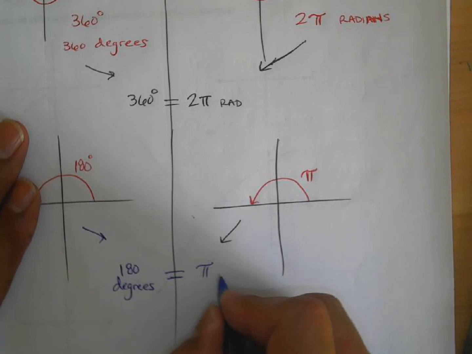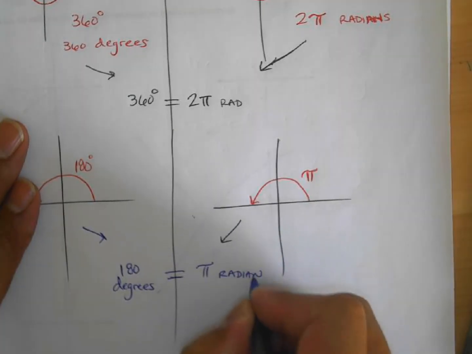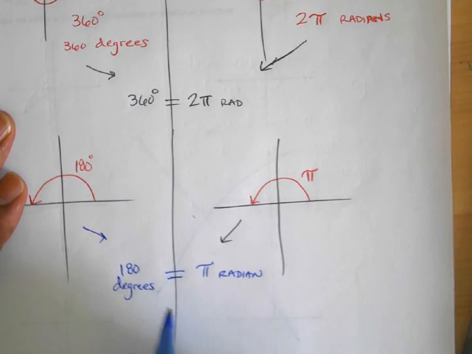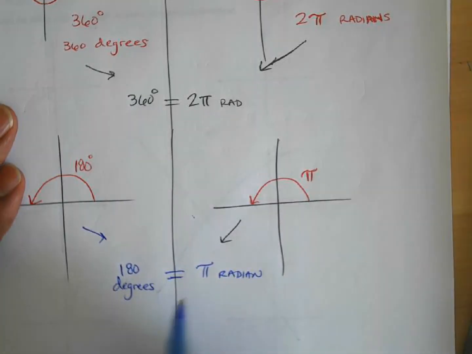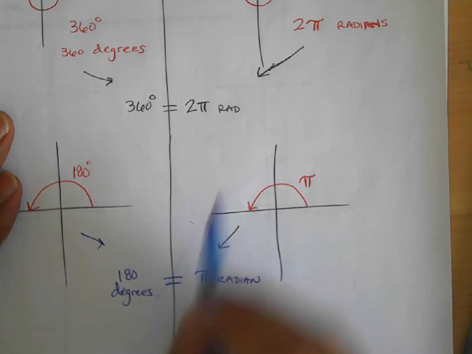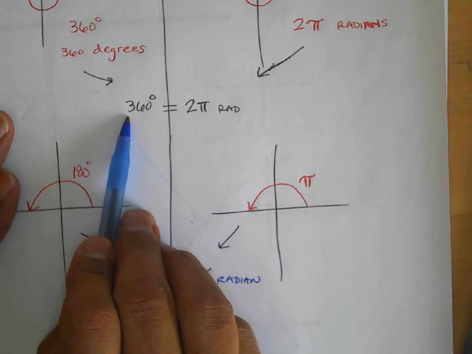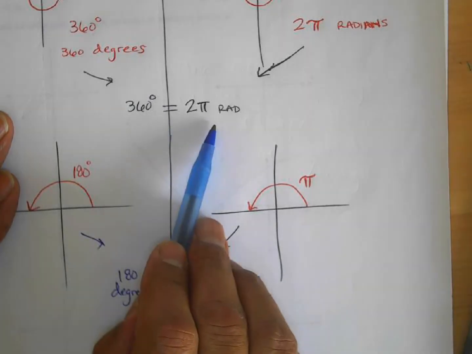And this is the conversion unit that you're going to use. These two are actually saying the same thing. This is the relationship. 360 is equivalent to 2 pi.